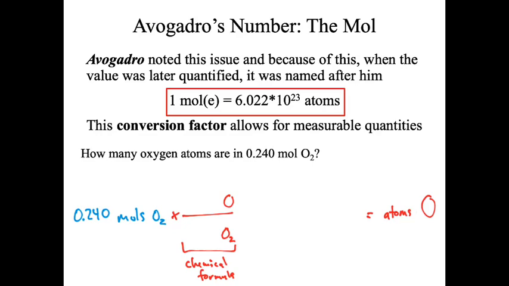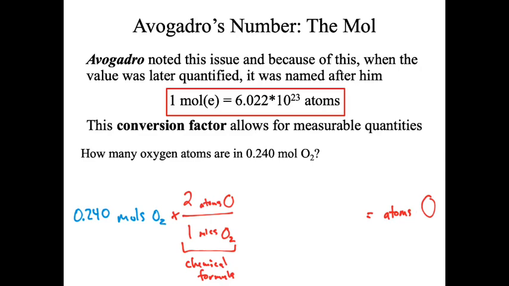It's the single substance. What are the numbers that go with that? Molecule of O2. This conversion is pretty cool because what did it bring in? Atoms of oxygen. That's fantastic. I wanted that.